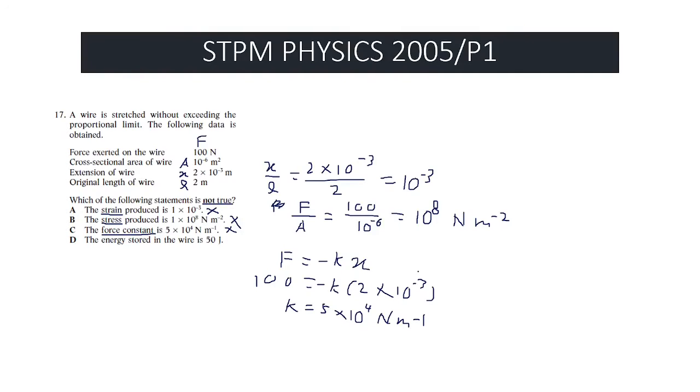And the last one, the energy store. The energy store is given by 1 over 2 kx squared, and now we have a k here.